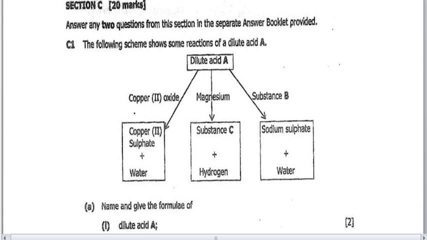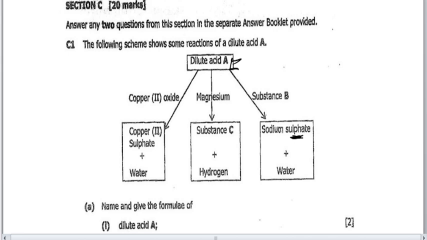Now look at dilute acid A. It has undergone a reaction to produce sodium sulfate and water. Now this sulfate here is coming from sulfuric acid. So the name of this acid is sulfuric acid.